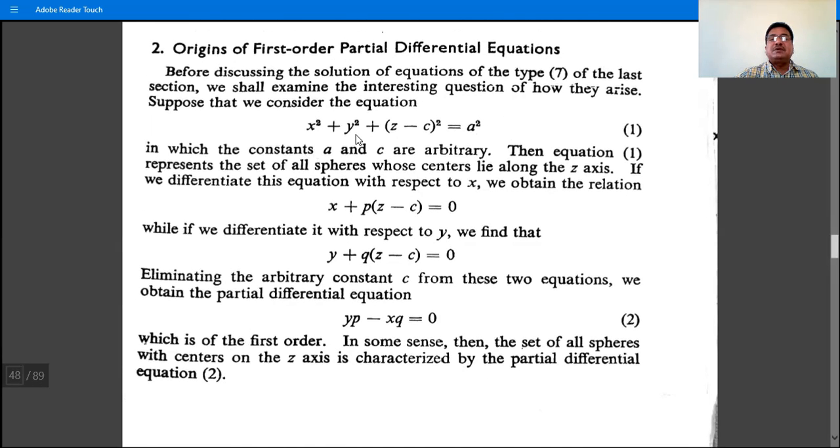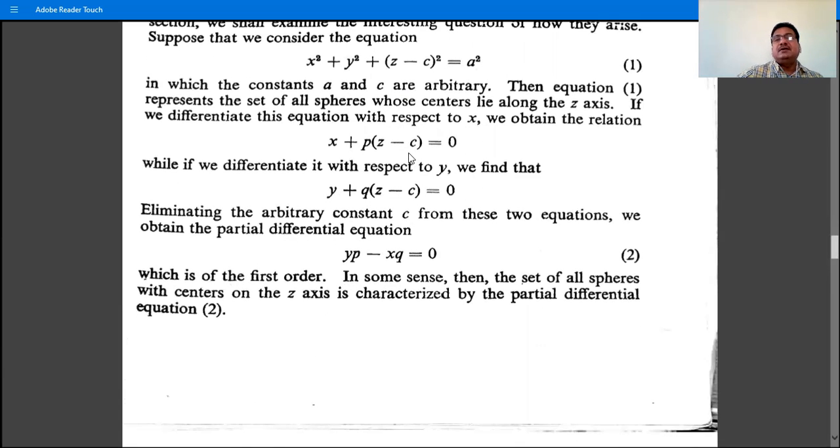So suppose x square plus y square plus (z minus c) whole square is equal to a square. So a and c are arbitrary constants and we have to eliminate these arbitrary constants. So differentiate with respect to x and with respect to y.